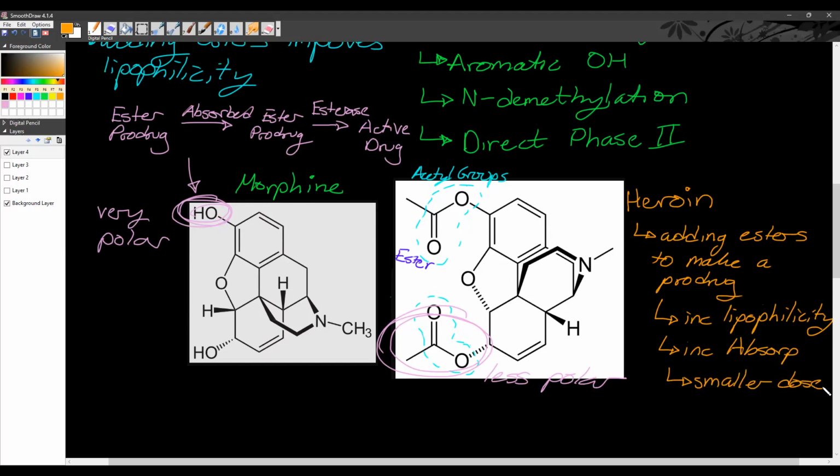So it doesn't change anything. Would this change the efficacy of morphine, the active drug? No. Doesn't change efficacy at all. It just changes potency, right? Because it's better at absorbing.